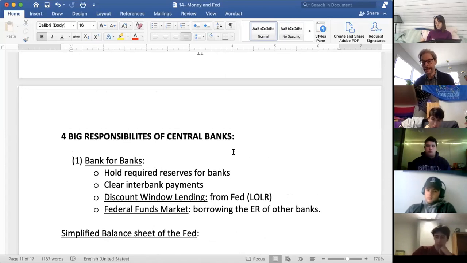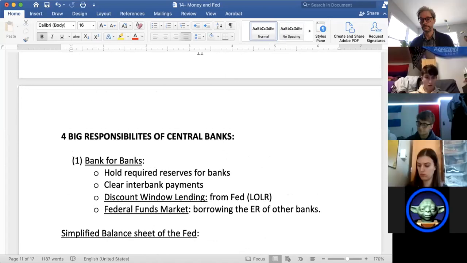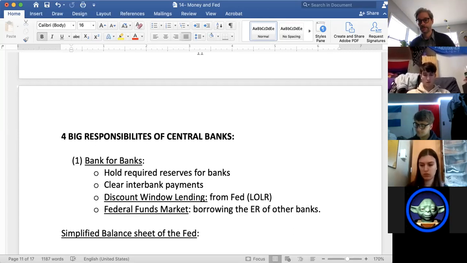In other words, banks need banking services too. And so what the central bank does is they give individual banks access to banking services. For instance, central banks hold required reserves. So a central bank is a place where a bank can hold reserves. Very importantly, what central banks do is they clear interbank payments.